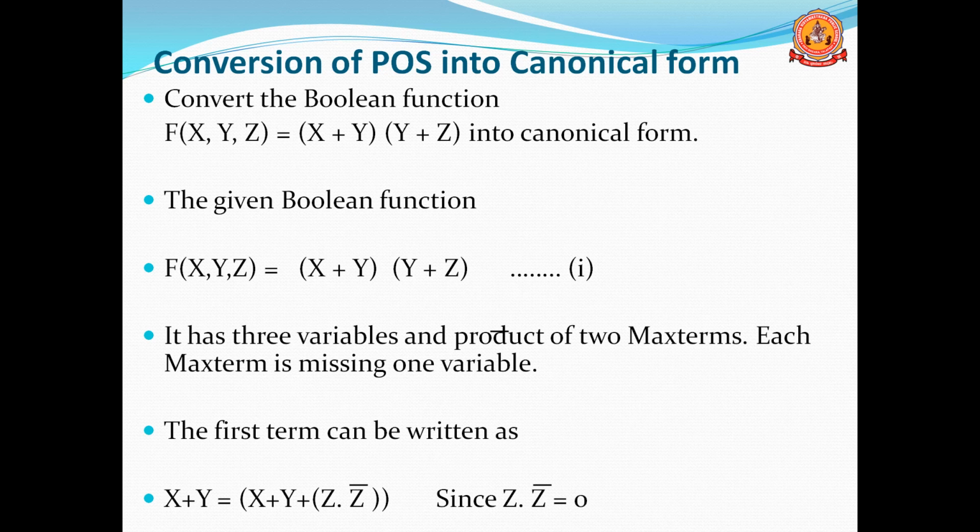Next we will move to the POS expression. Convert the Boolean function f of xyz equals x plus y, y plus z into canonical form. If you look at this one, in the first term z is missing, and in the second term x is missing. Both terms have one variable missing.